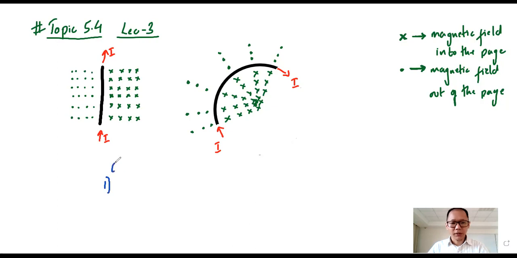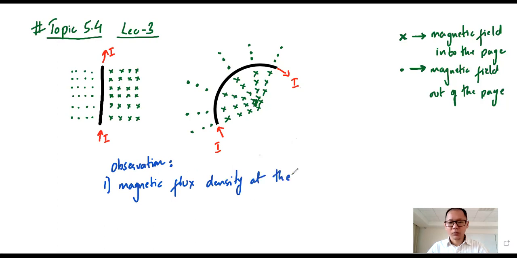The observation is basically that the magnetic field, or magnetic flux density, at the center of the wire is the highest, because you see that all of the magnetic field here combine or superimpose to give you a bigger magnetic field at the center.